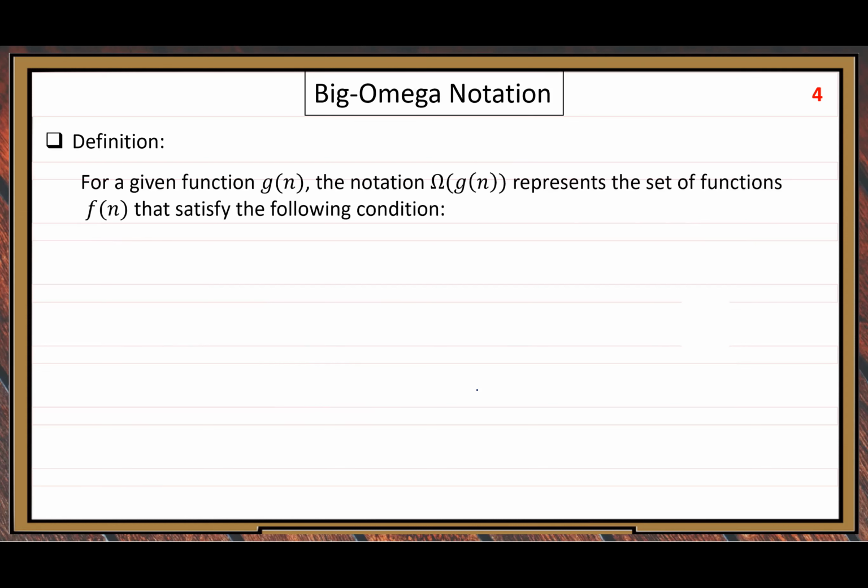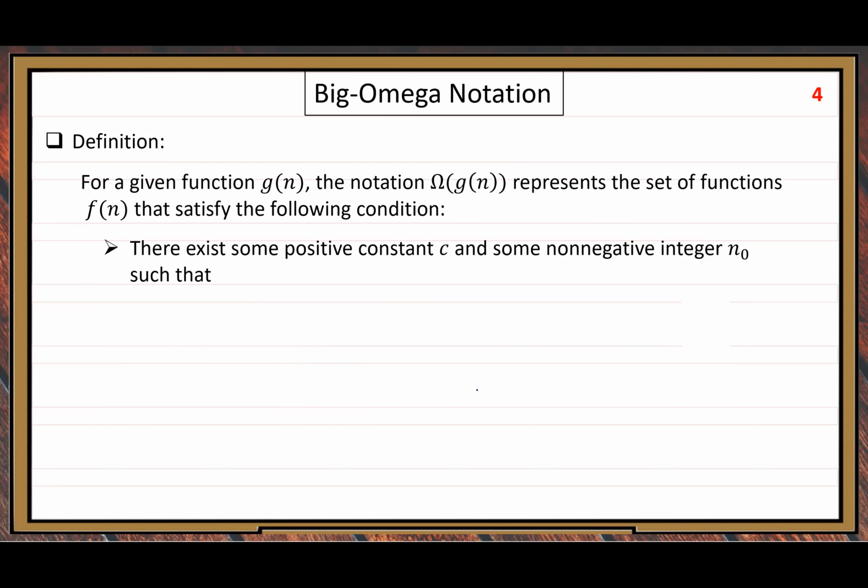The definition: for a given function f of n, the notation big omega of g of n represents the set of functions f of n that satisfy the following condition.